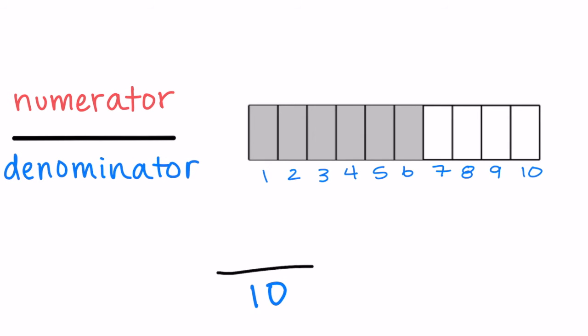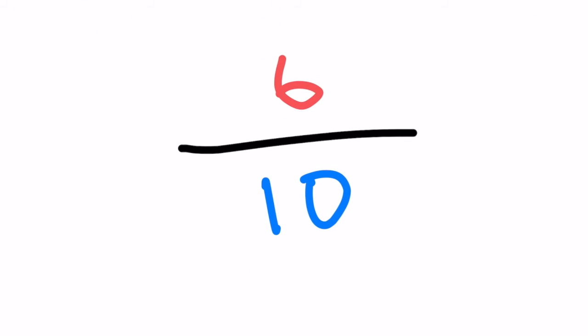Okay, so now let's count how many pieces are shaded in, because that's the numerator, and that's the number of pieces we have. 1, 2, 3, 4, 5, 6. Great! So now we have both our numerator and denominator, and we have officially written another fraction.